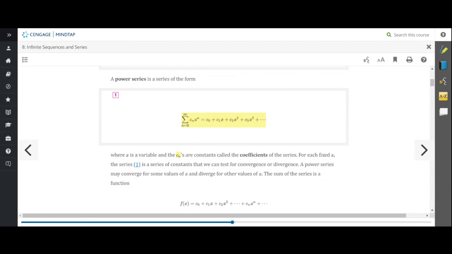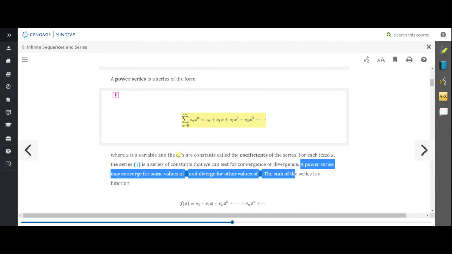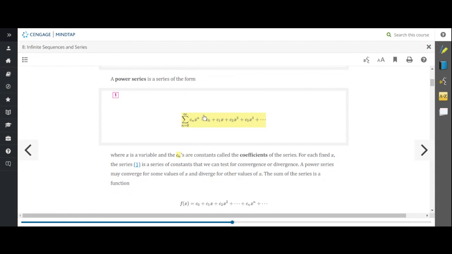Now power series may converge for some values of x and diverge for other values of x. You saw a few power series back in section 8.2. How many remember you had a couple problems where it said find the values of x for which the series converges?